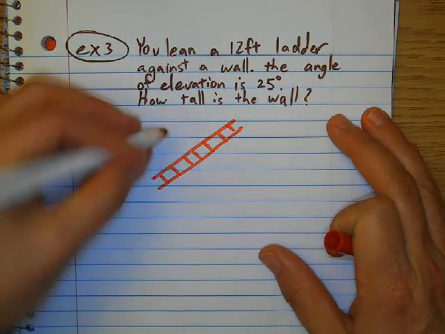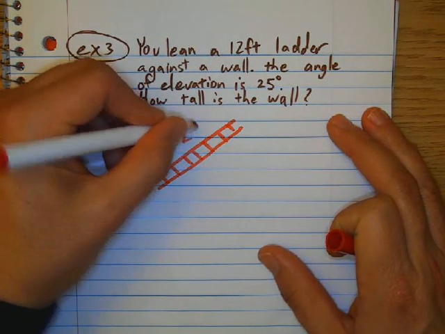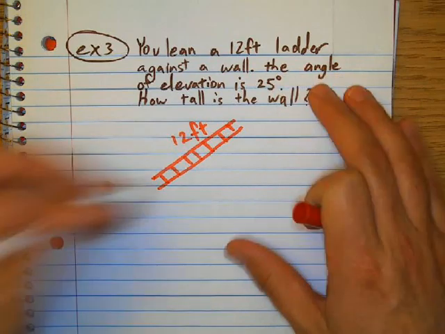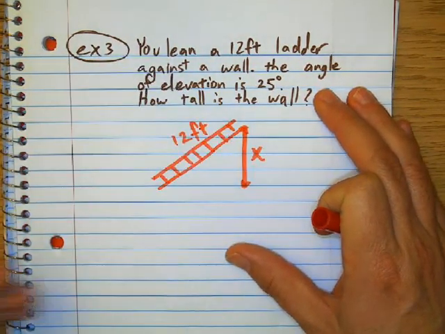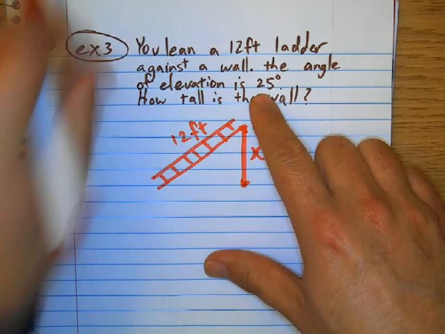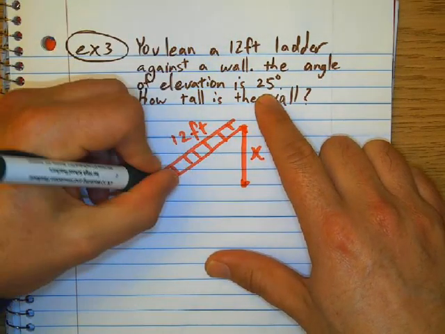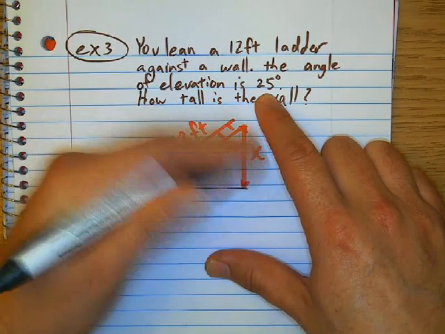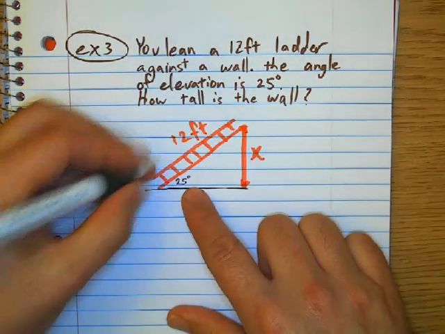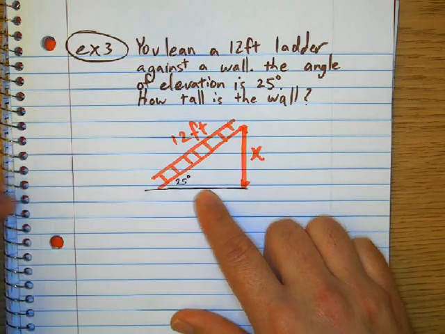So we know that this is 12 feet. You want to know how tall the wall is, and you don't know what it is. The angle of elevation is 25 degrees, so from the ground it's 25 degrees. How tall is the wall?